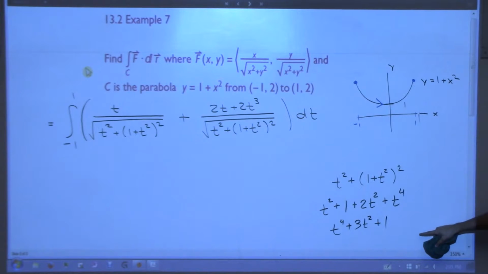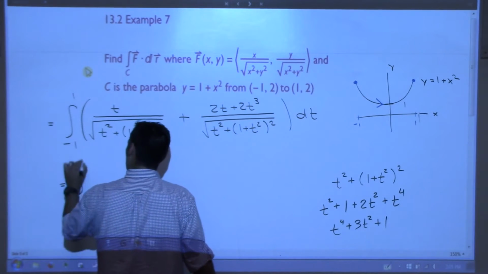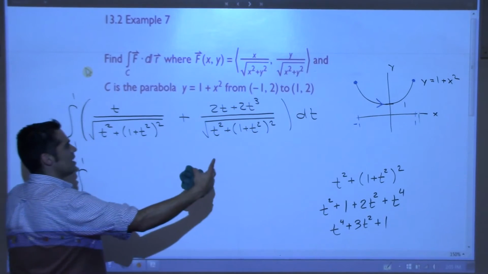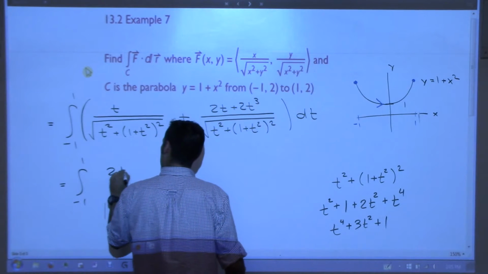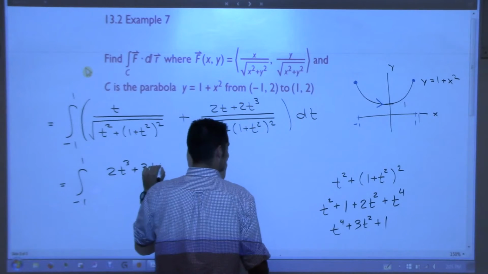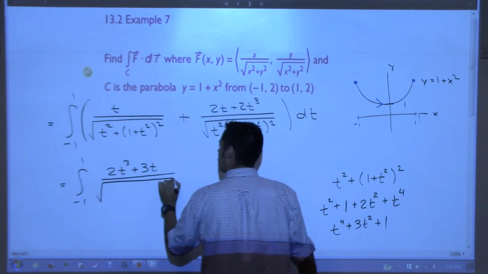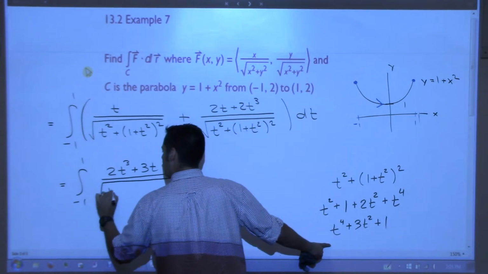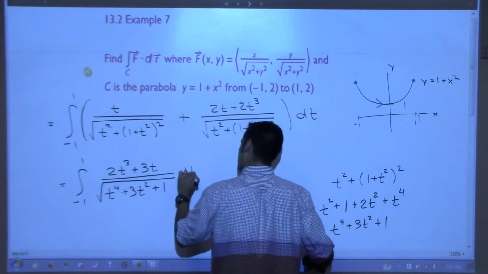We good with that? I mean, that's what it is, right? Okay, so this becomes integral -1 to 1. What does my numerator become? Because I can put those together, right? 2t cubed plus 3t over the square root of t to the 4th plus 3t squared plus 1 dt.